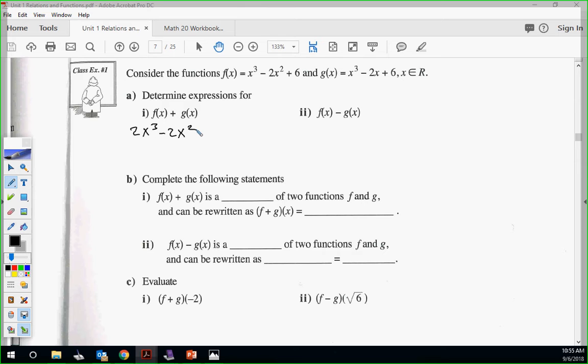I like to write in order, so I'm just going to take this negative 2x as well and write that, because there's no x here. And then we just add the constants. I'll stop there for a second. You can ask a question if you like.